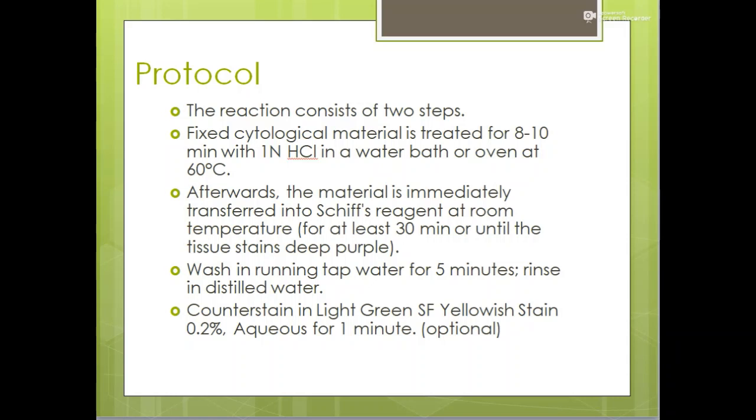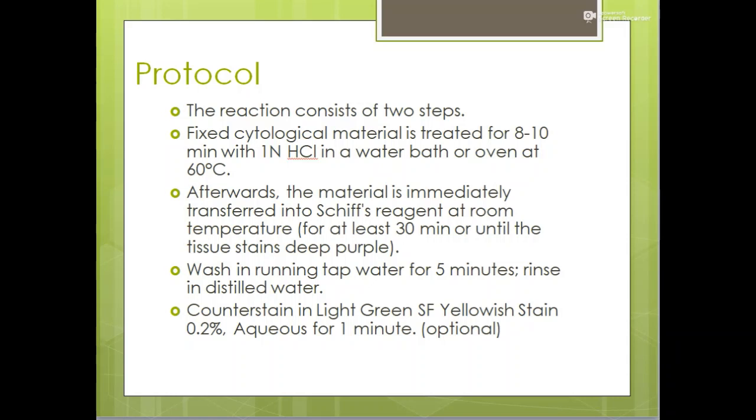Of course, suppose you have tissue specimens that we take here, so you will fix them with techniques like formalin, where mild fixative agents are used, and then after fixating, these are treated with one normal HCl in a water bath or oven at 60 degrees centigrade for 8 to 10 minutes. This is mainly to carry out the acid hydrolysis of the specimen.